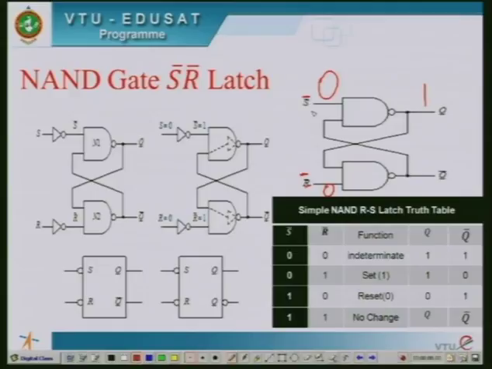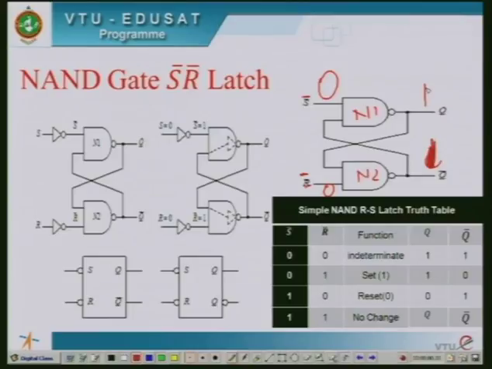For this NAND gate, let me call it N1. For N1, the output is high because S bar input is 0, and for NAND gate N2, R bar input is also 0, so the output of this gate will also be high. If one of the inputs is 0, the output will remain in high state.